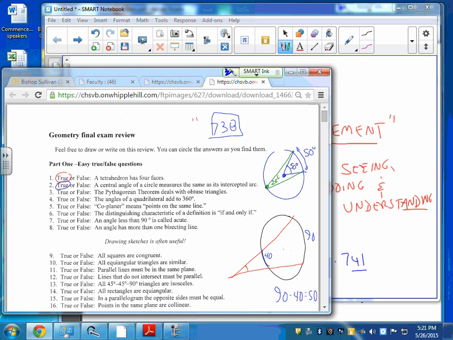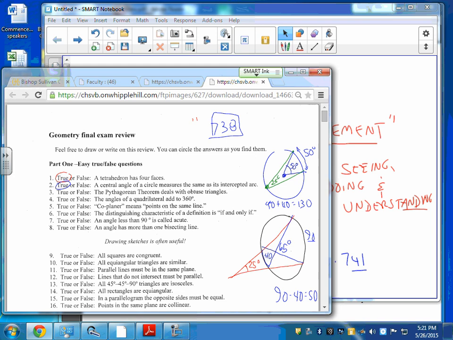Half of that would be this angle over here, 25 degrees. You also have secant segments that meet inside the circle. In this case, you would simply average the 90 and the 40. 90 plus 40 is 130, and cut that in half. So this is a 65-degree angle there.